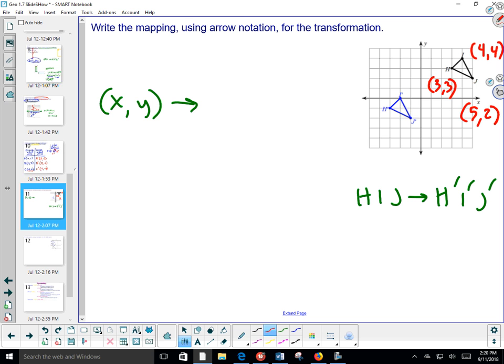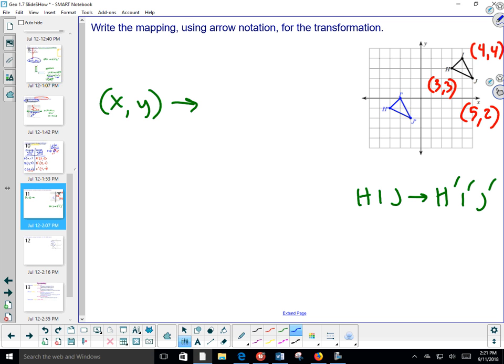Okay, and so now if we look at our image, then we have H, or H prime I should say, 4, -1. No, for H it should be -3, -1.